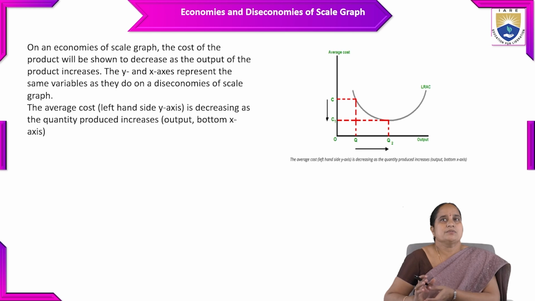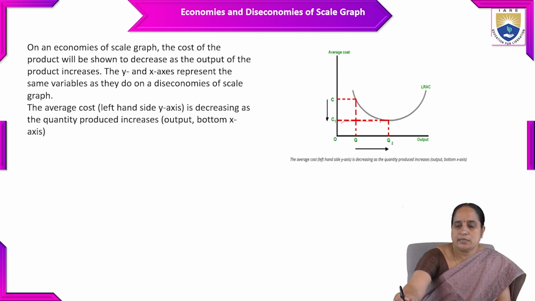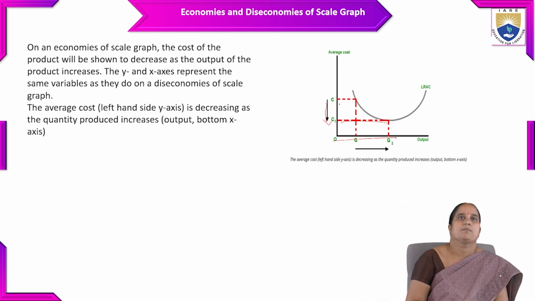On an economies of scale graph, the cost of the product is shown to decrease as the output of the product increases. If you observe this graph, if you increase the quantity, you can see that there is a reduction in the cost.